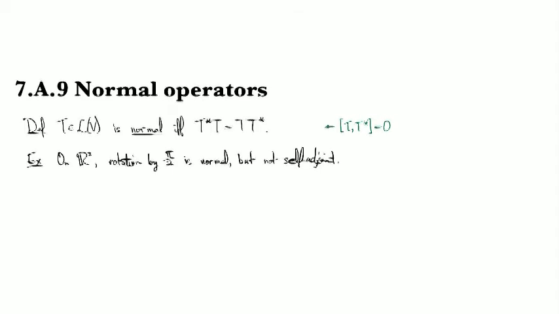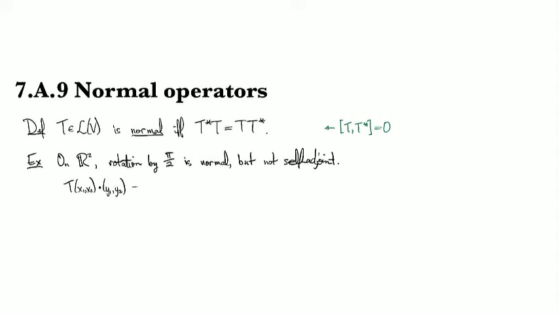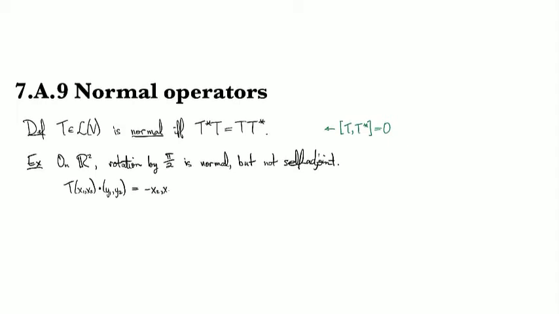If we look at T(x1, x2), and we'll use the dot product as our inner product, against (y1, y2), then rotation by pi over 2 is (minus x2, x1), and that's dotted with (y1, y2).